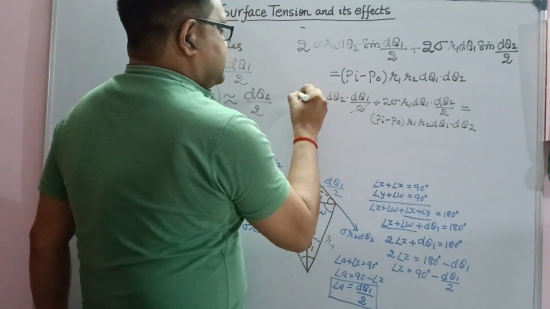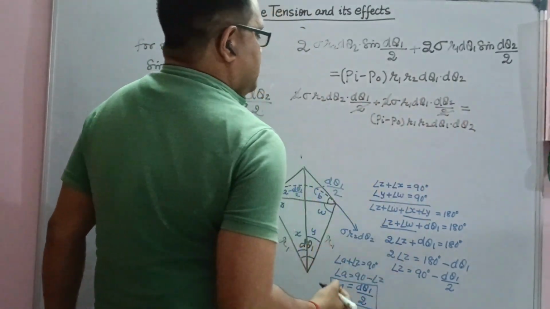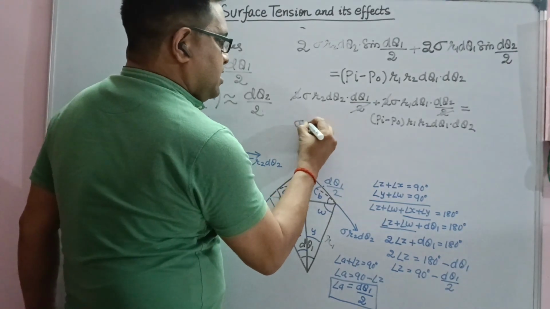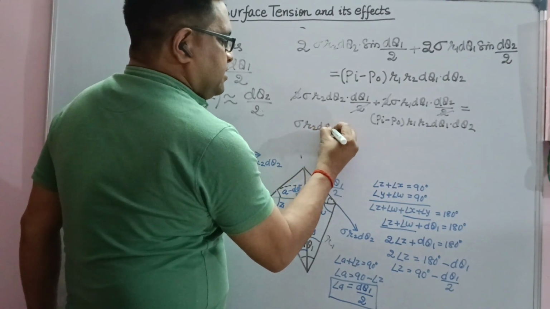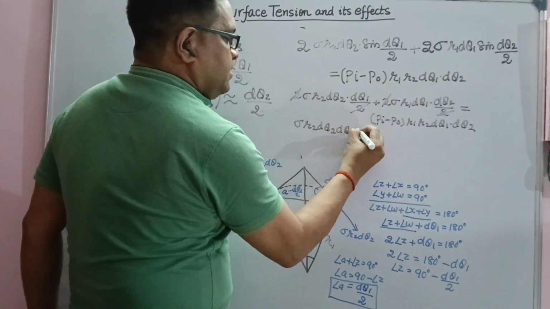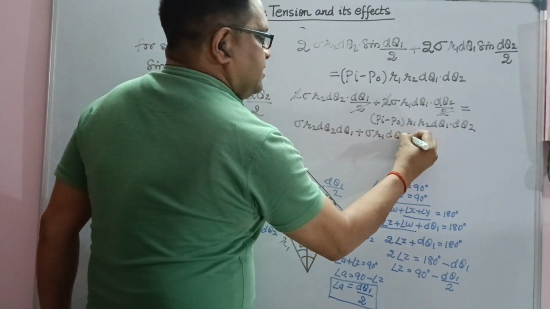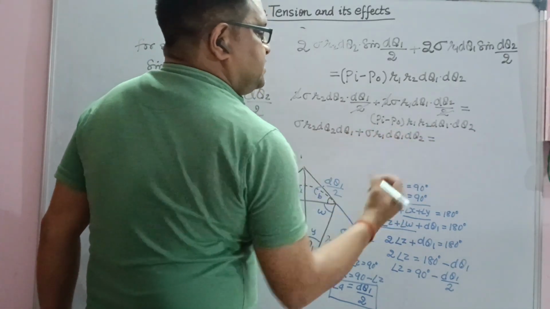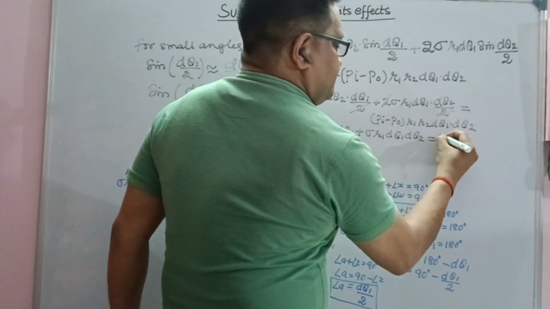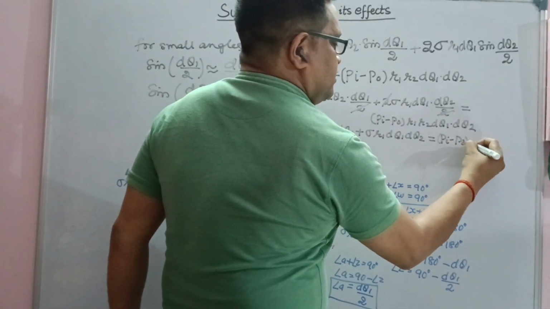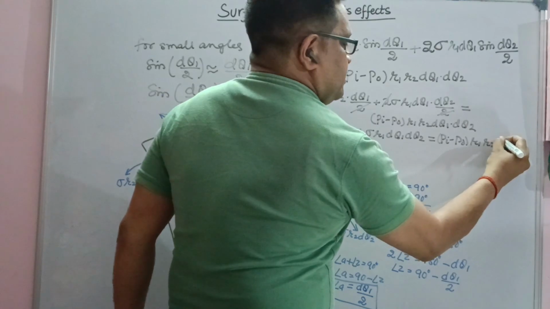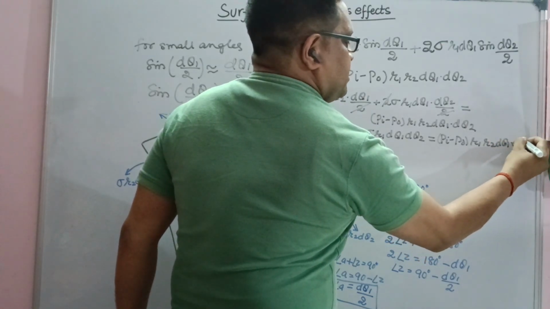Now this 2 gets cancelled out. So we get sigma R2 d theta 2 d theta 1 plus sigma R1 d theta 1 d theta 2, which is equal to Pi minus P naught R1 R2 d theta 1 into d theta 2.